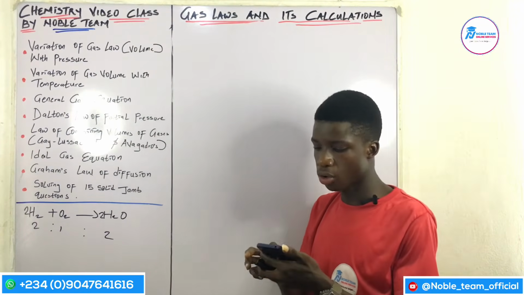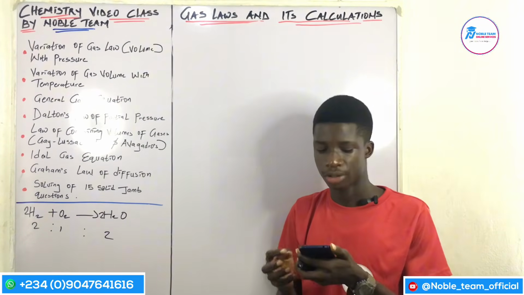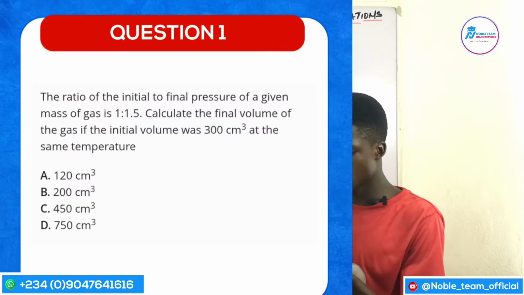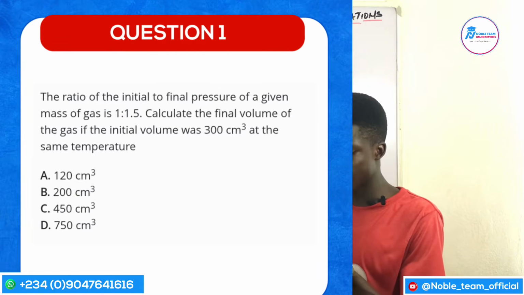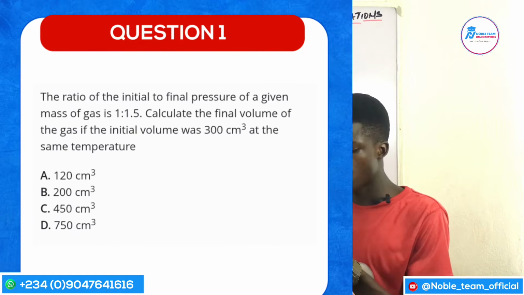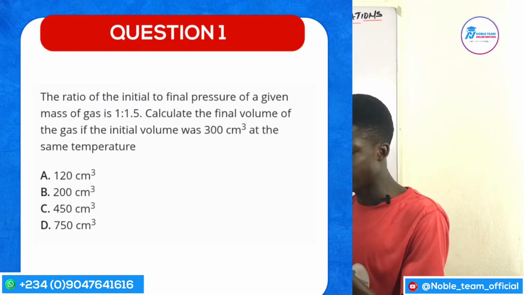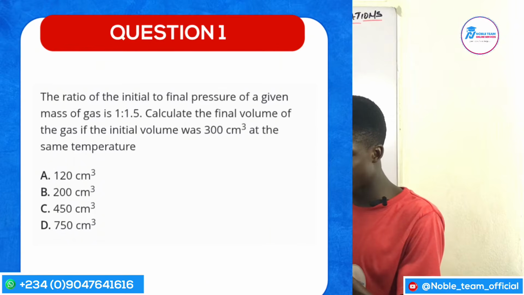Now, question 1, the question will appear on your screen. Question 1 says the ratio of the initial to the final pressure of a given mass of gas is 1:1.5. Then calculate the final volume of the gas if the initial volume was 300 centimeter cube at the same temperature.